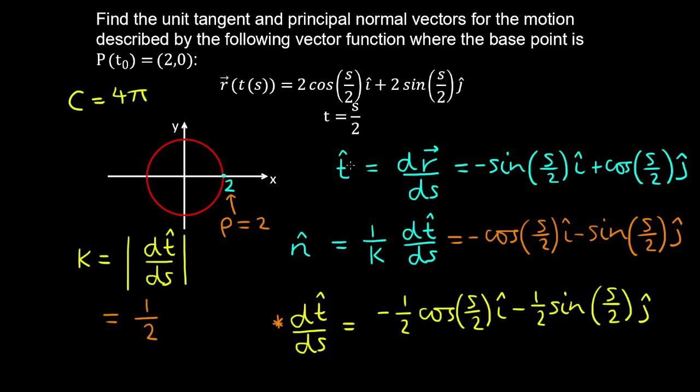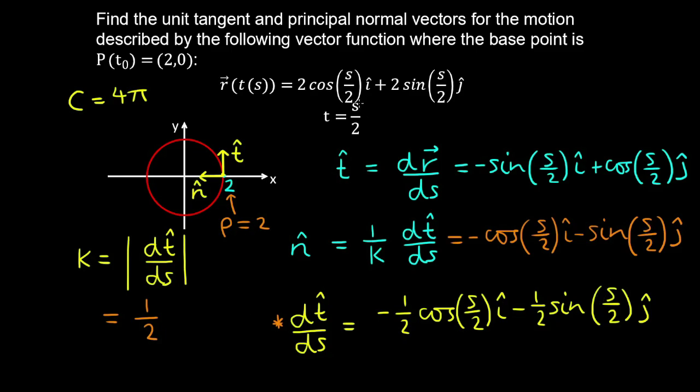And therefore when the arc length function is equal to 0, so the directed distance from this base point is 0, we have the tangent vector having a component of 0 and 1 in the vertical direction. And the unit normal vector has a component of -1 in the horizontal direction and 0 in the vertical direction.